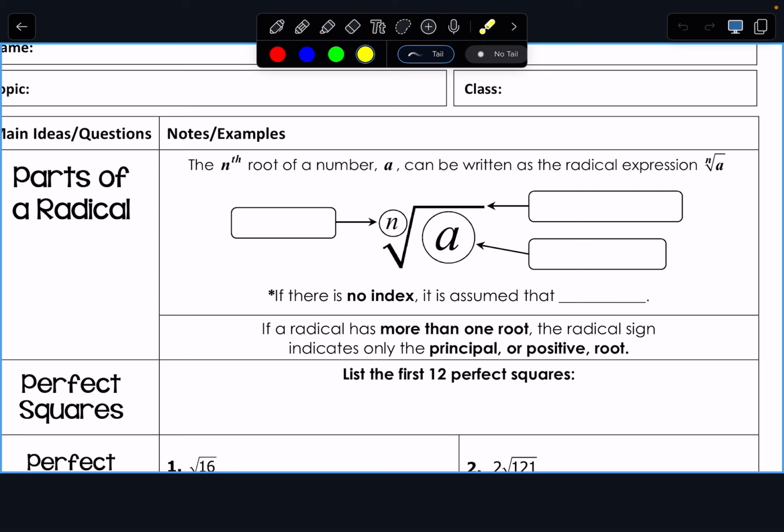All right. So when we talk about radicals, this symbol right here is what we call a radical.